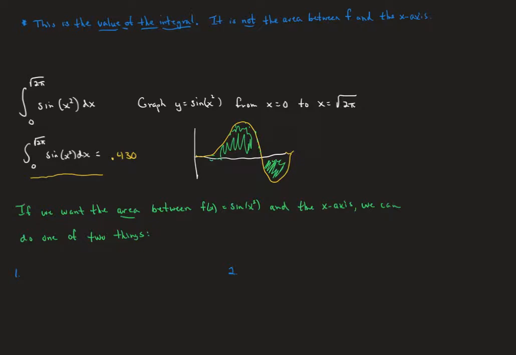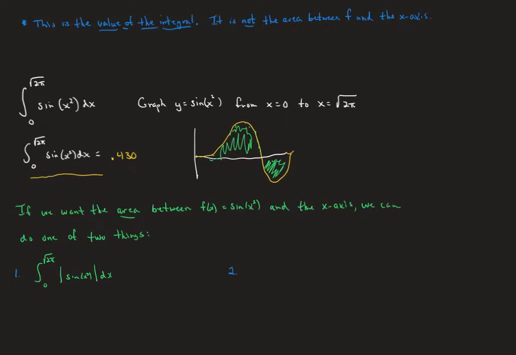Now, if we want the true area between the curve and the x-axis, we can do one of two things. We could say the integral from 0 to the square root of 2 pi of the absolute value of sine of x squared, and then we would put the dx in there. So we could take our function and put it in the absolute value.